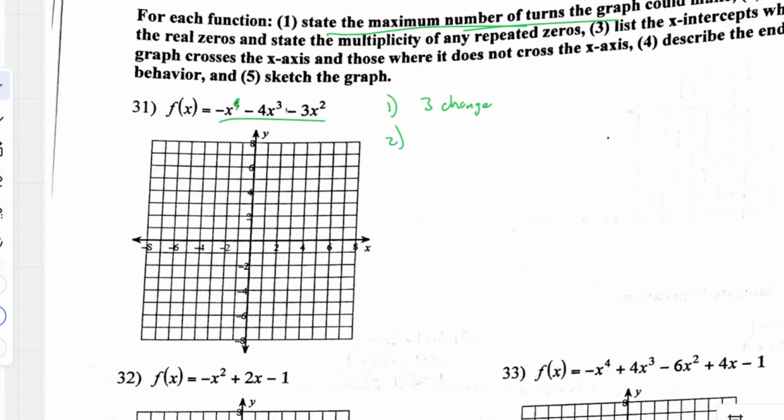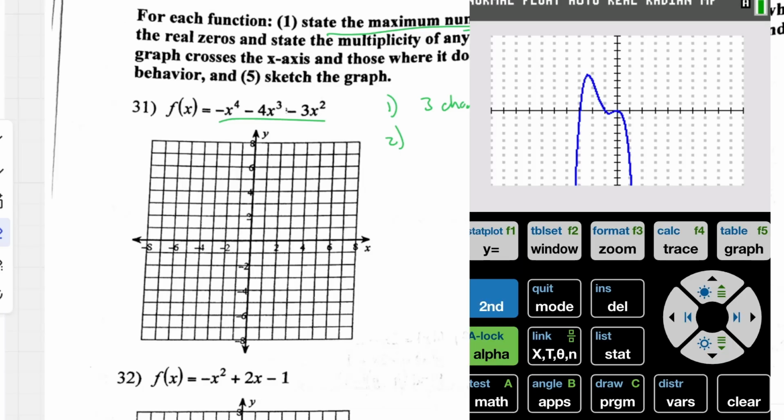To determine the real zeros, for that, you have to factor this. I think you get your calculator on your test, so you could just punch this into the calculator. My graph came out like that.